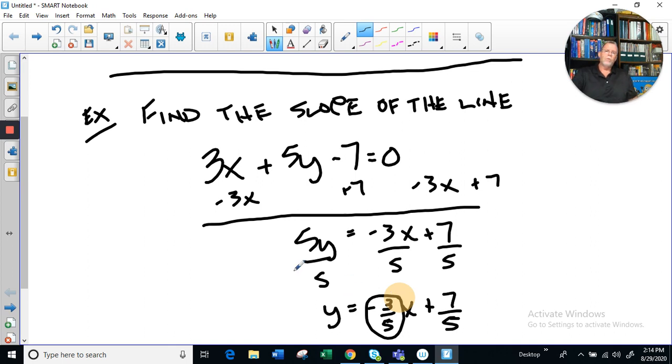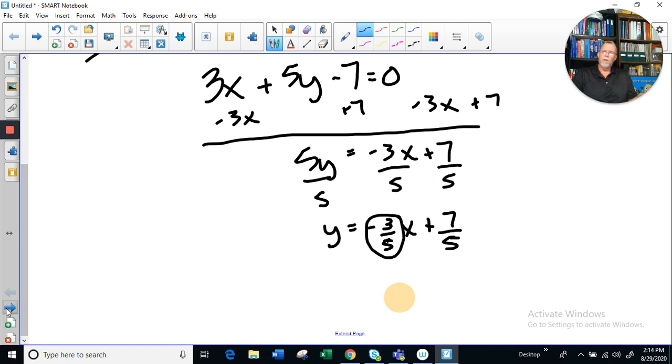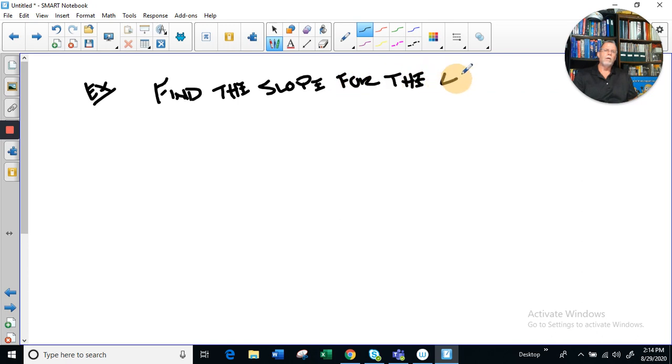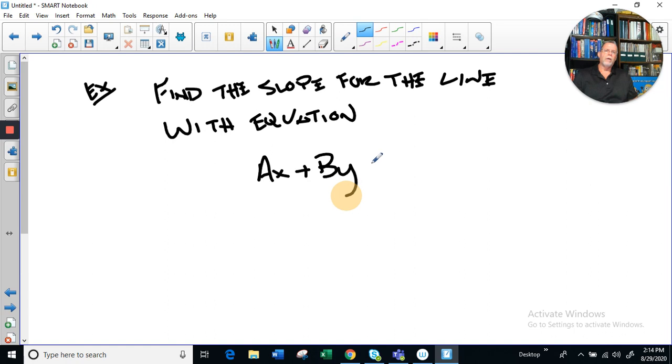I want to draw your attention to something. If instead we look at that problem a slightly different way, and let's look at the general case. Let's look at another example. If I said, find the slope for the line with equation ax plus by plus c equals 0.